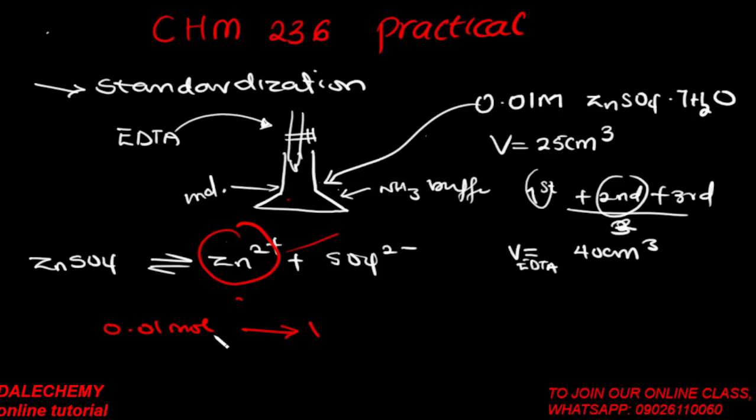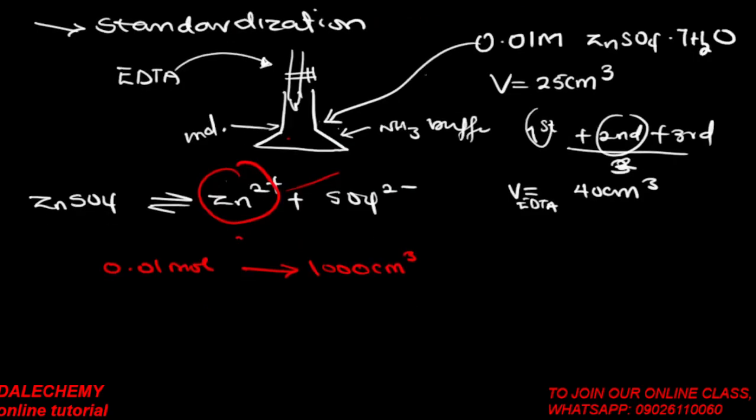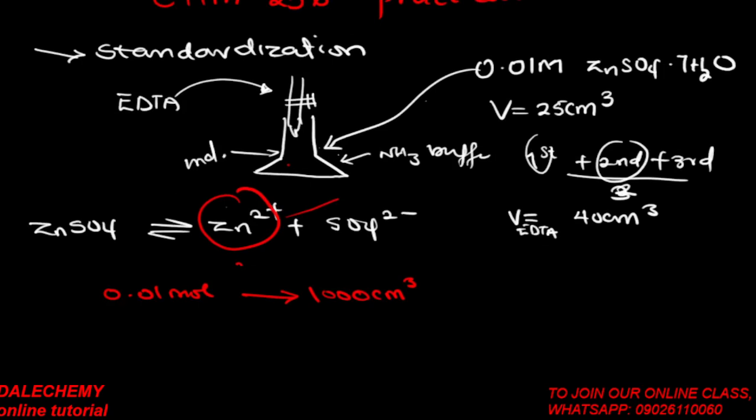So that means 0.01 mole of zinc 2 plus is present in 1000 cm cube of solution. I call it zinc 2 plus and not zinc sulfate because it is only the zinc 2 plus that is actually reacting, and they will have equal number of mole, because for every 1 mole of zinc sulfate that dissociates is going to give rise to 1 mole of zinc 2 plus as well.